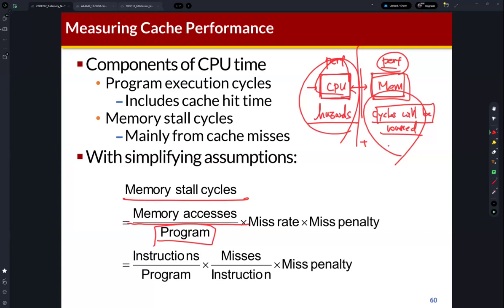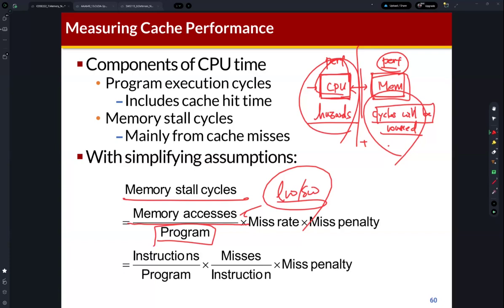For instruction fetch, a processor needs to access memory, the instruction memory or instruction cache. Also, when a load or store instruction is executed, the data memory is accessed, right?